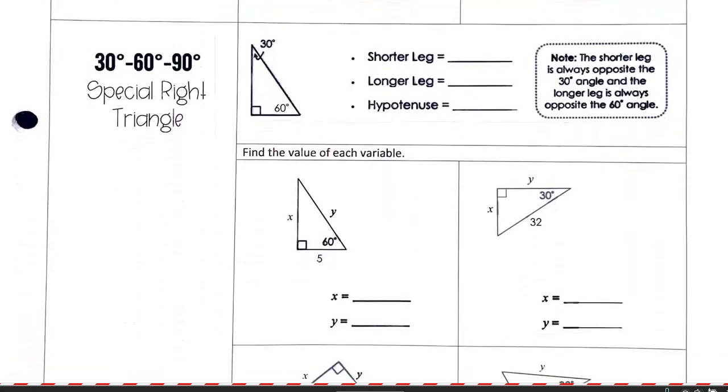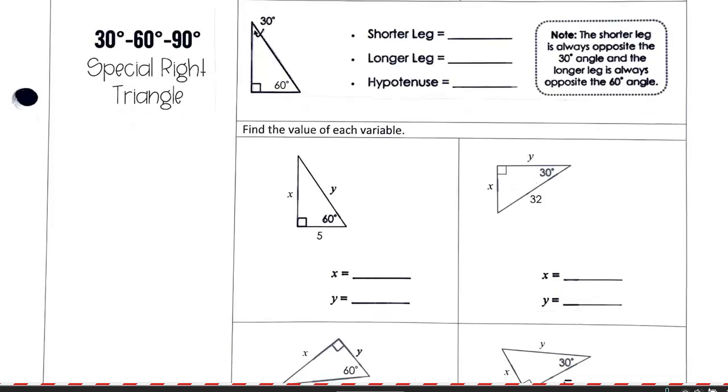Now let's talk about 30, 60, 90. Okay, so our ratios for here, the shorter leg is always opposite the 30 degree. So it's here. And our shorter leg we're going to call x. Our longer leg is across from 60 degrees. So it is this leg.